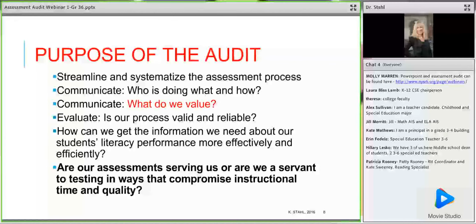Finally, communication. We want to know within our schools who is doing what and how they are doing it. The assessment audit process is an opportunity for us to have an open forum of communication, because teachers are doing assessments. Sometimes teachers in neighboring classrooms might be measuring the same thing, but one teacher might be very good with technology, and she has a very nice data system set up on her computer that color codes everything.